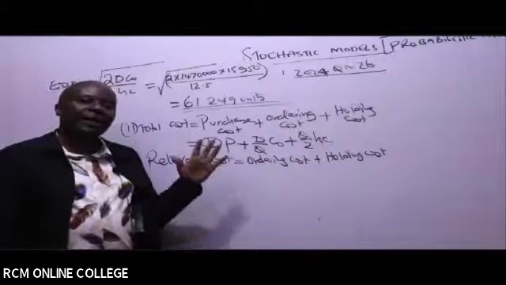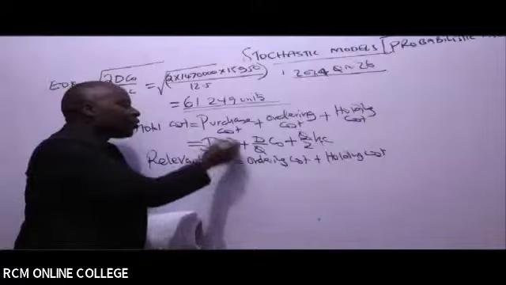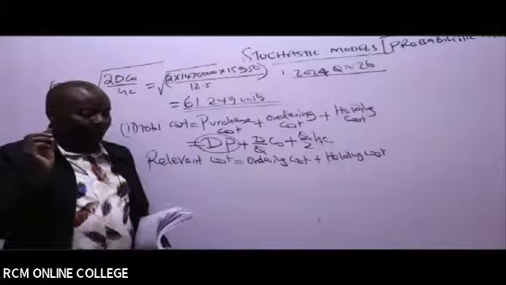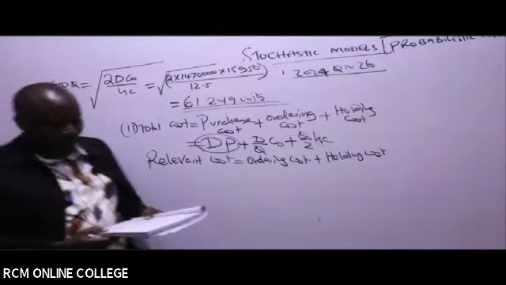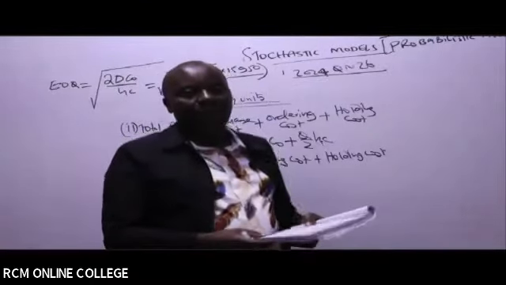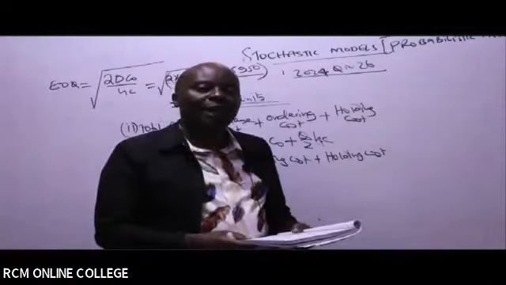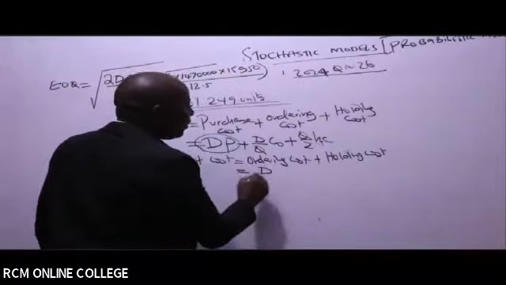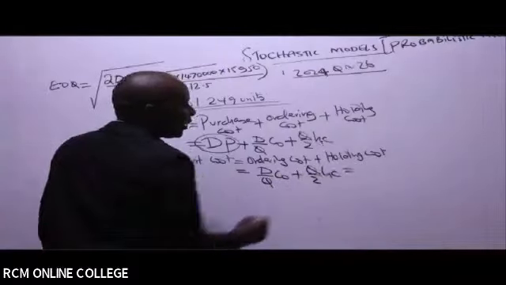If purchase cost will remain at 100, then for inventory management this component becomes irrelevant for decision making. So whenever they ask for relevant cost, like this question was very categorical, relevant costs will be the ordering and the holding. So ordering will be D over Q times CO, plus Q over 2 times HC.